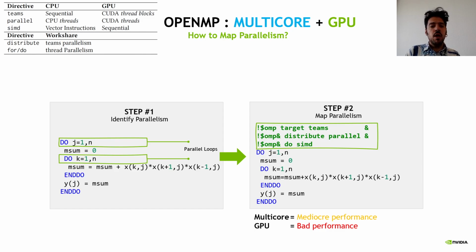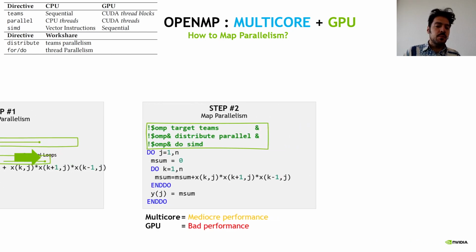For multicore, it is not very great because I am not vectorizing the inner loop. My SIMD directive is on the outer loop. For GPU, the performance is even worse because the optimal memory access on GPU is coalesced access, that is, adjacent threads accessing consecutive memory addresses. Therefore, assigning thread parallelism here is a crucial task and directly affects the performance. Here, the parallel directive that manages the thread parallelism is on the outer loop, so that is wrong.